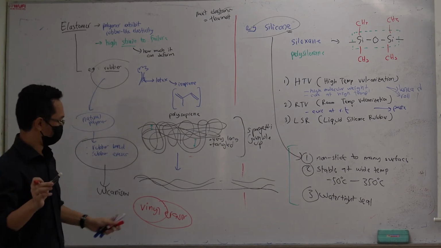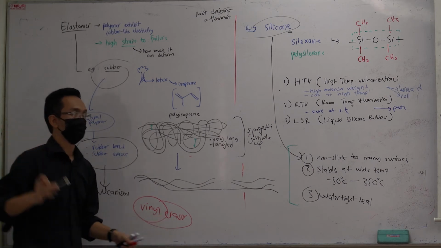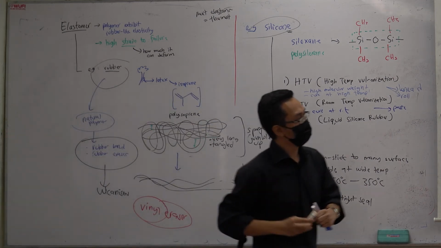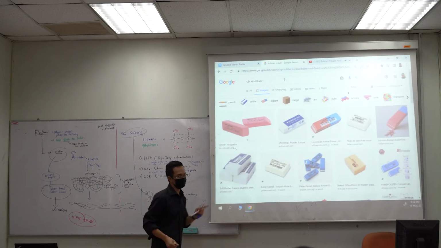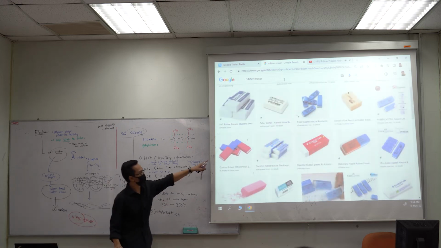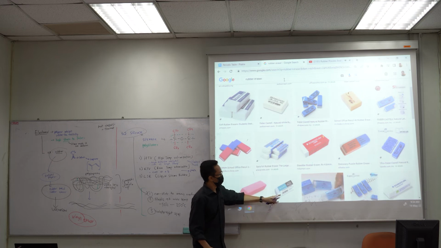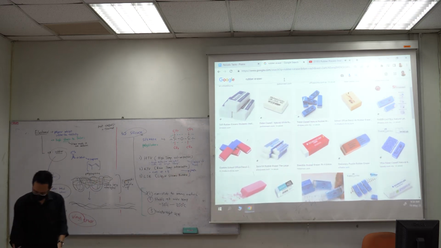Nowadays, most rubber erasers are actually vinyl erasers. But previously, most rubber erasers like this were coming from the real latex, the latex that's already vulcanized. The new ones, more or less like Faber-Castell, are typically vinyl.